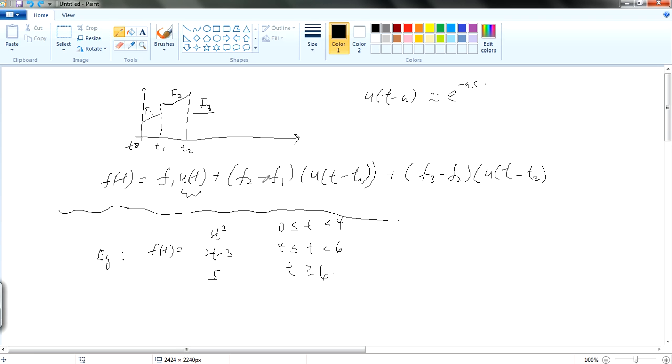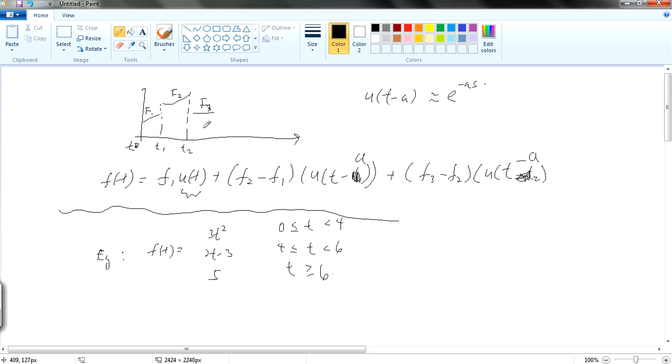So this portion is represented, in the time domain, by u(t minus t1). When you start at 0, it's just 0. This is a little tricky, so let's look at t minus a.